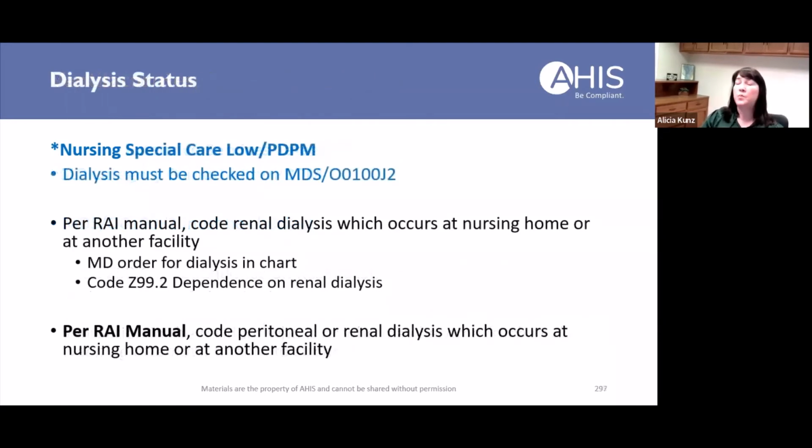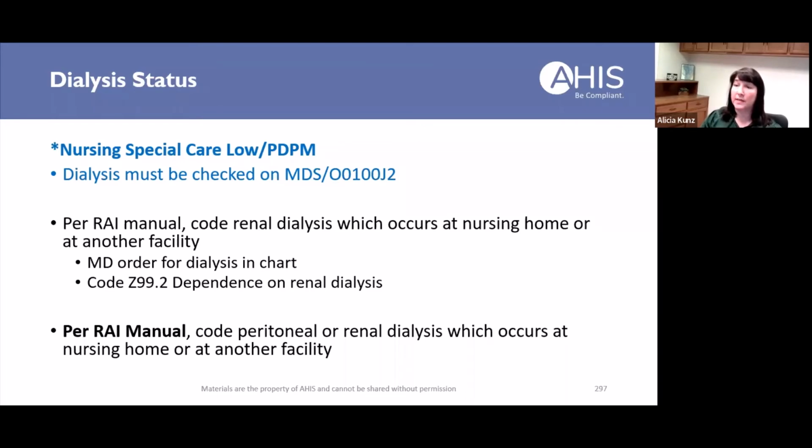Pardon me. For those residents on dialysis, and per the RAI manual, this is peritoneal or renal dialysis. So if they're doing peritoneal dialysis at your facility, that would count. Or if they're going out for renal dialysis at a DaVita or some other center, then that would also apply.